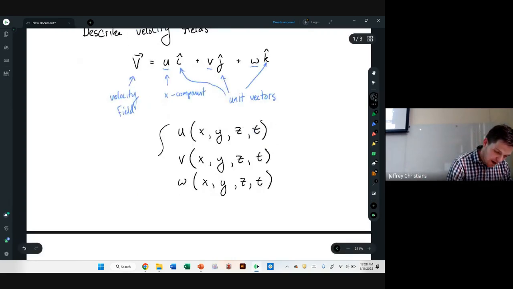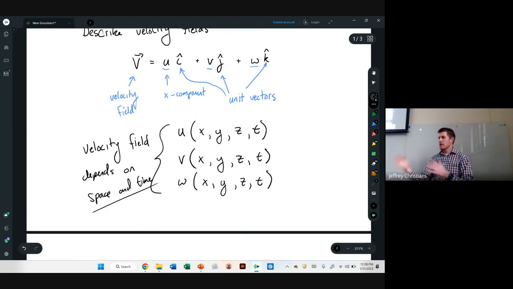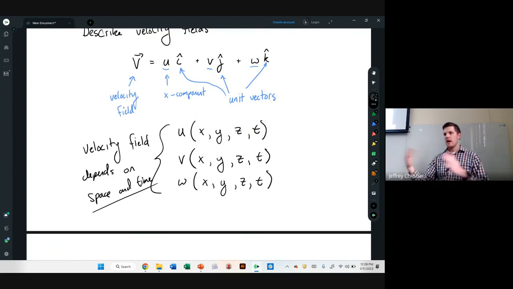So to summarize this, our velocity field is going to have to depend on both space and time. And this is what's going to make fluids a little bit tricky, especially as we start to look at things that are changing with time.